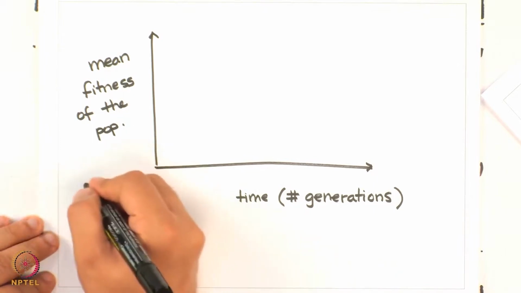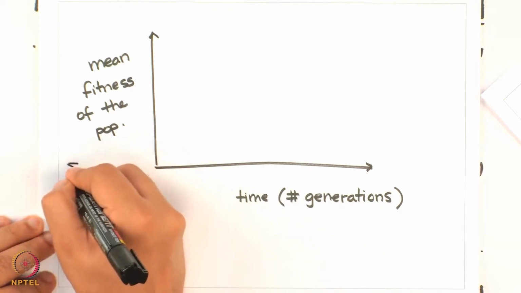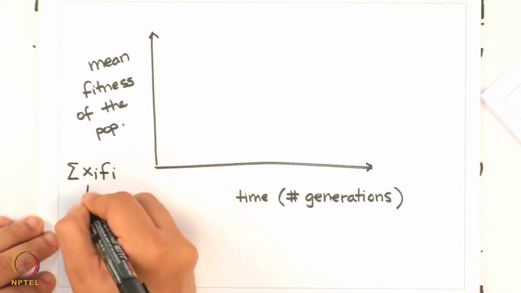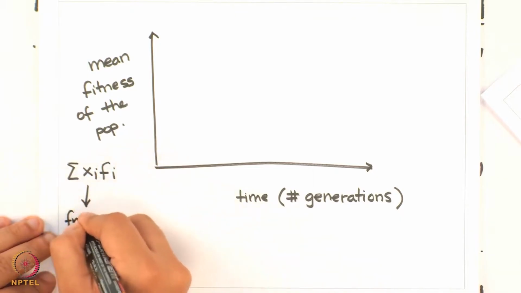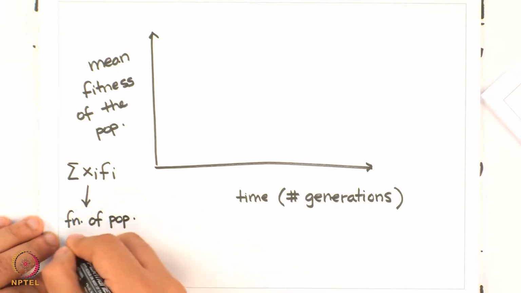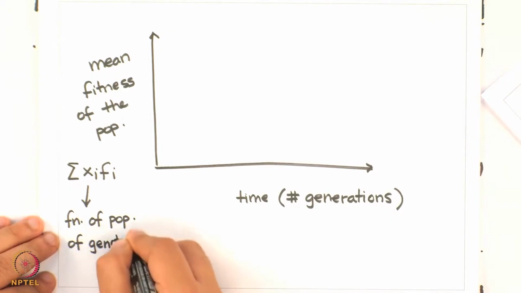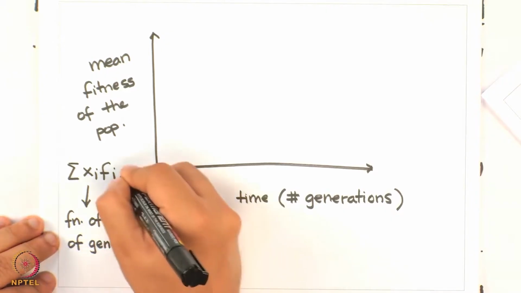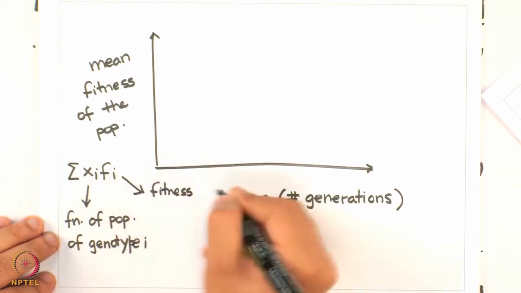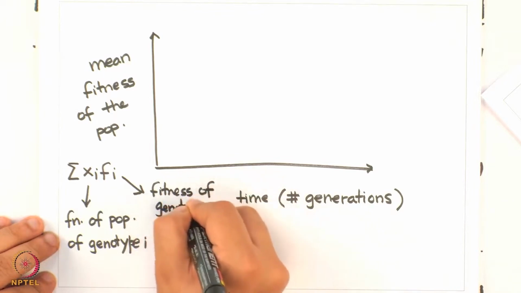Which means if I have n different genotypes, the mean fitness is simply represented by the sum of x_i f_i, where x_i is the fraction of the population of genotype i, and f_i is the fitness of genotype i.